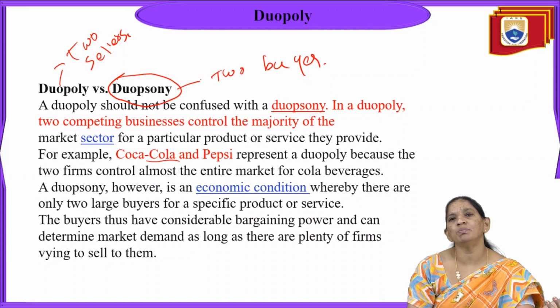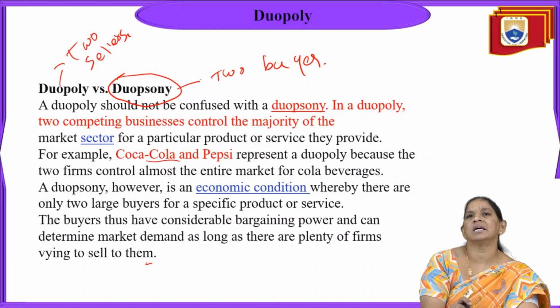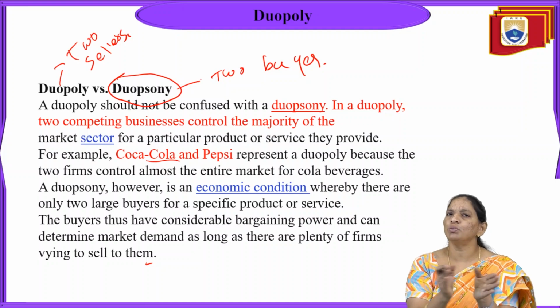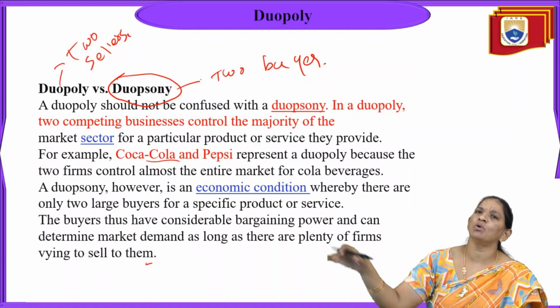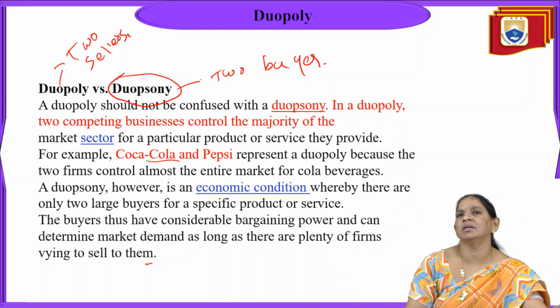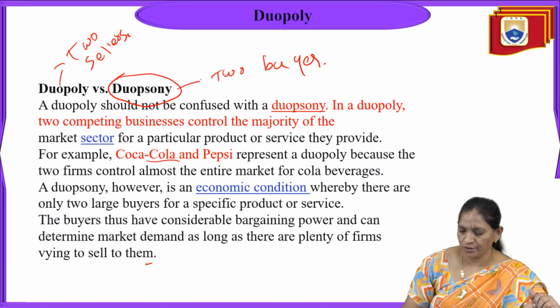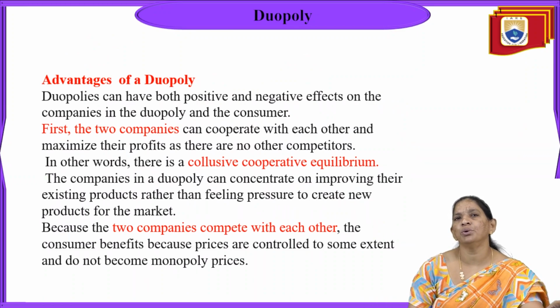These two buyers have considerable bargaining power and can determine the market demand, as long as plenty of firms are willing to sell to them. However many firms are producing these goods, these large buyers purchase from all the small sellers and capture the market demand. So this is about duopsony and duopoly.